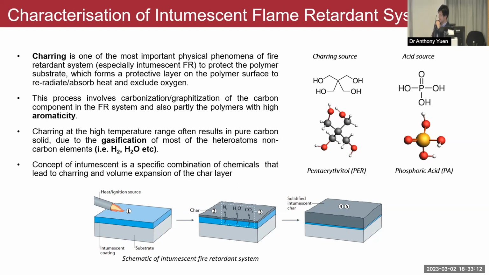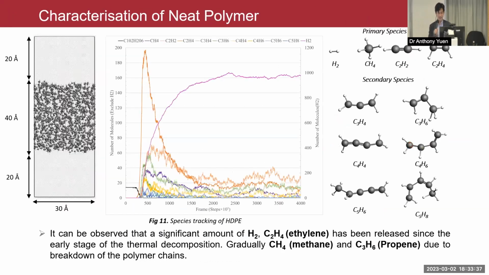When more heat is exerted, the underneath material will work with the flame retardant and expand the char layer. So a part of the polymer or the substrate that is working with the flame retardant somehow contributes to the charring effect. This is the beauty of the intumescent system. So it couples with the polymer.